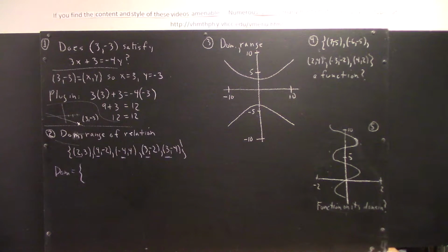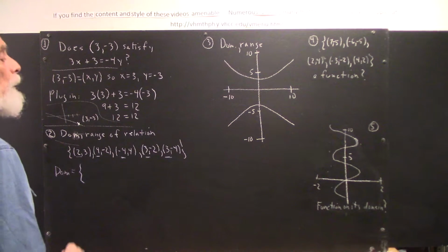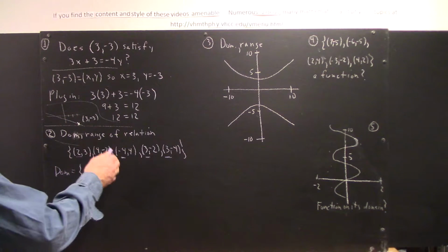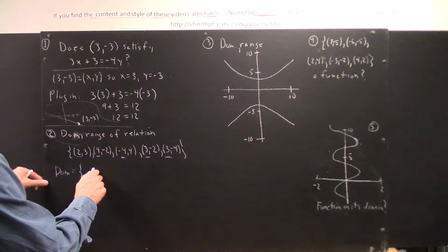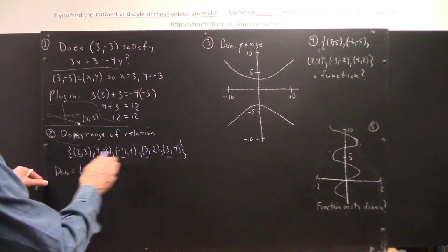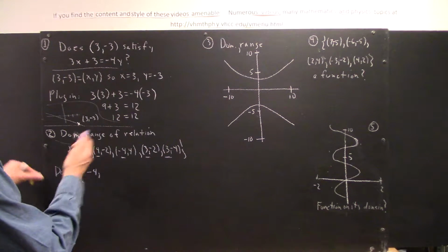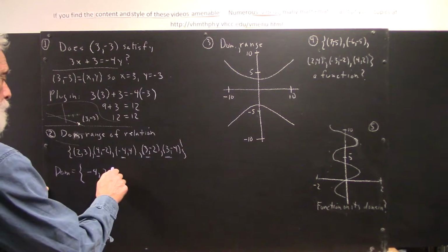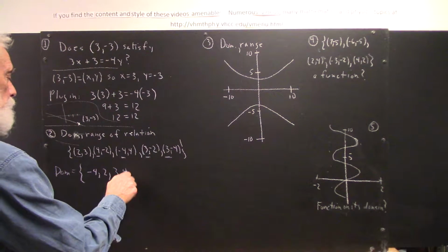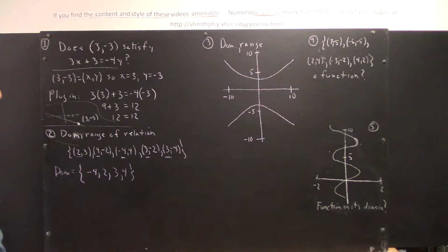If I want to list that, and of course I list the domain as the set of those values, I'll start with the least and go to the greatest. The least is -4, and then the next least number is 2, and then we've got 3, and we've got 4, and this is the domain.